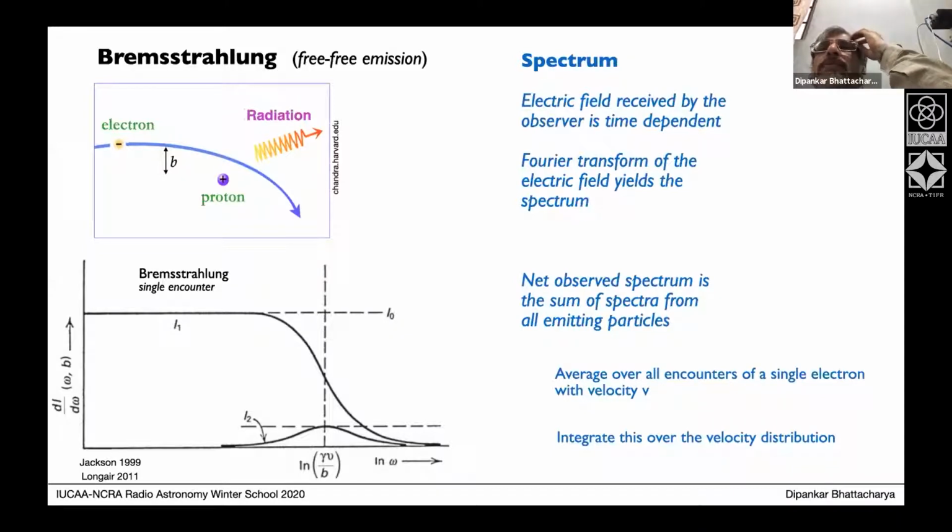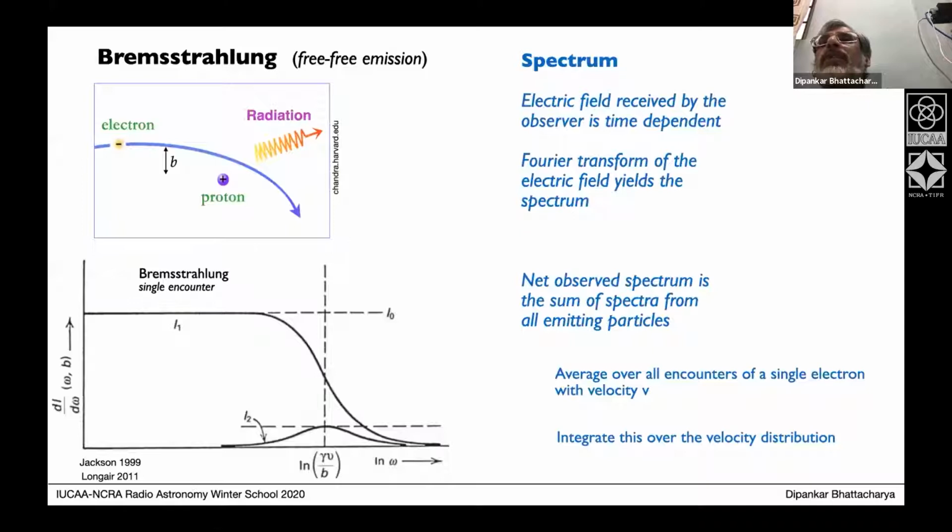If you look at the electric field that the observer receives as a function of time, and then take a look at the Fourier transform of it, then what you see is the lower left-hand diagram over here. So that gives you the spectrum of this radiation that has been generated.